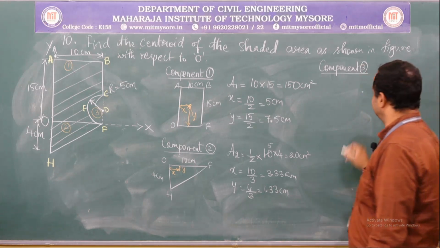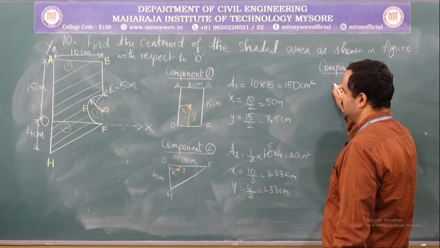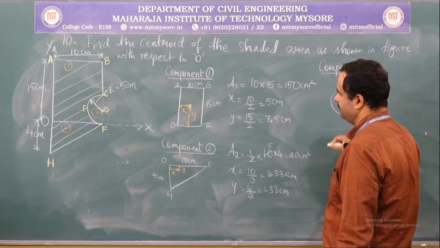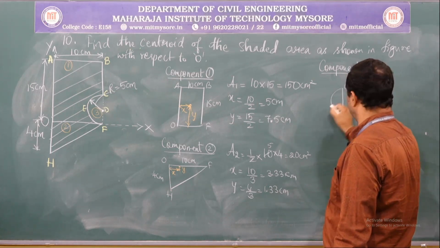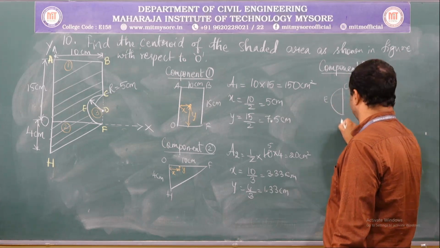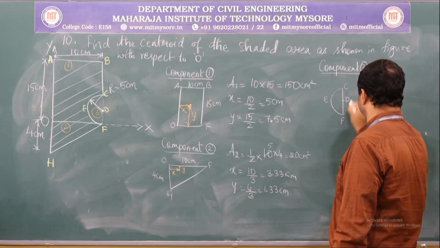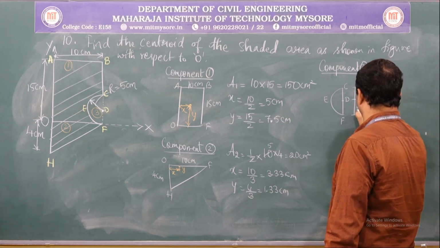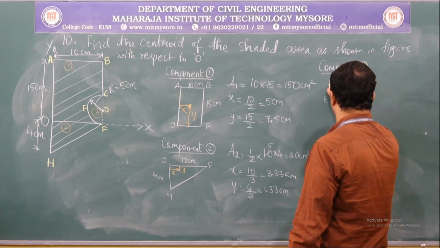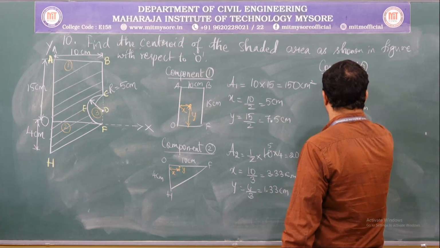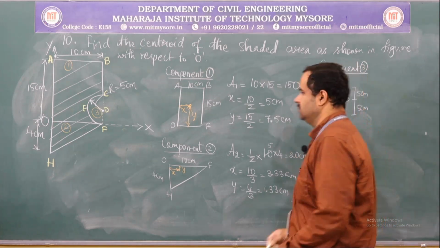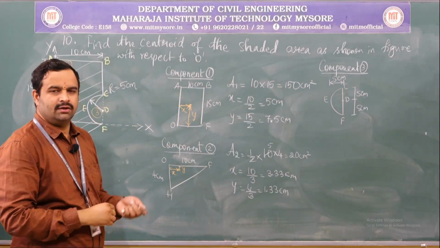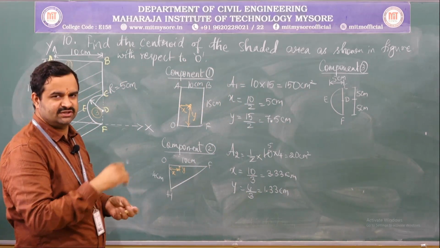Now, let us write the component 3. Component 3 is semicircle. C, E, F and D. What is the radius? 5 centimeter. So, in this component, the semicircle orientation is being changed.